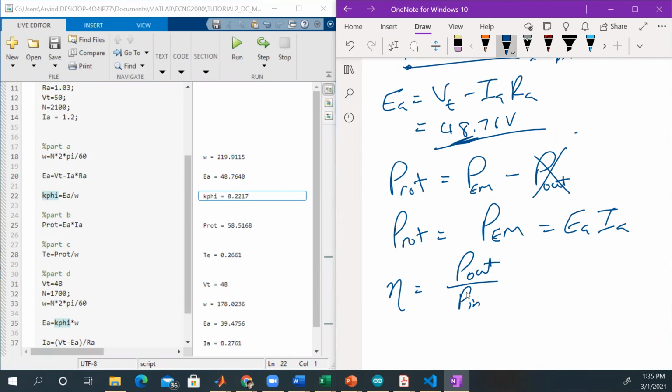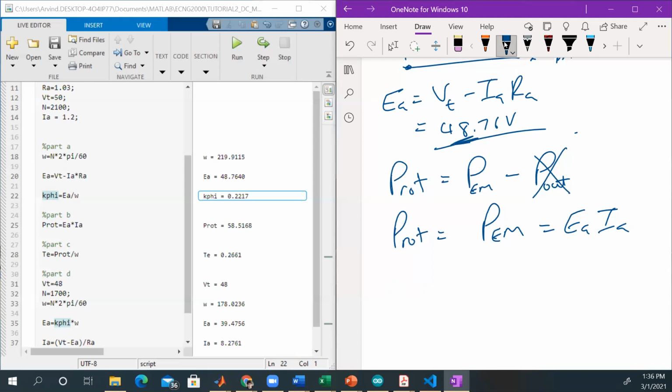Oh no, wait, I'm looking at the wrong question. Because the efficiency in this case would be 0 because we have no load. So since it is running, we just have the rotational losses.